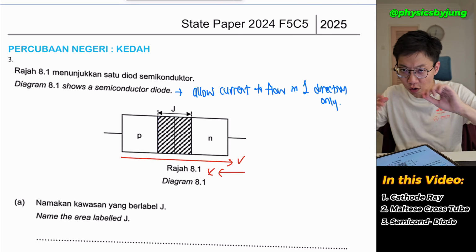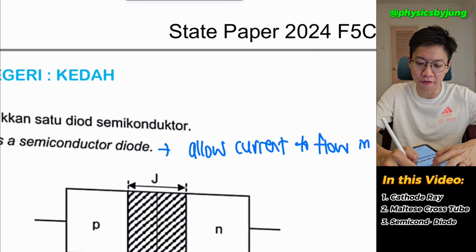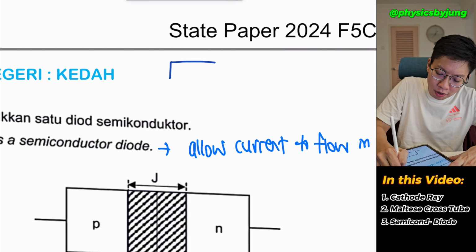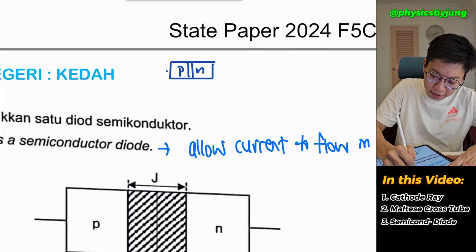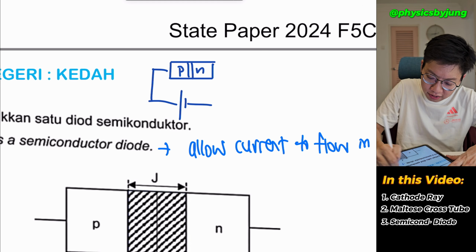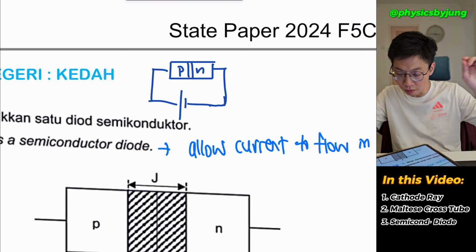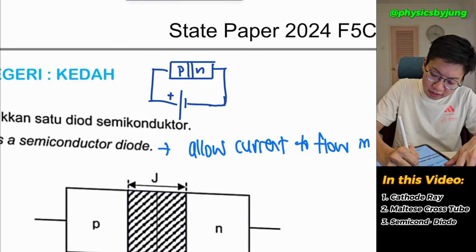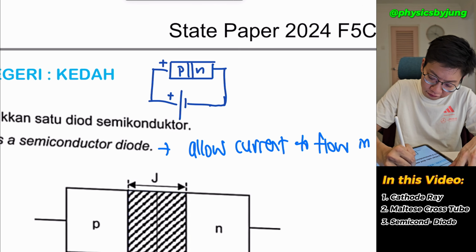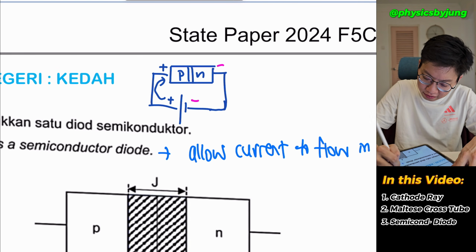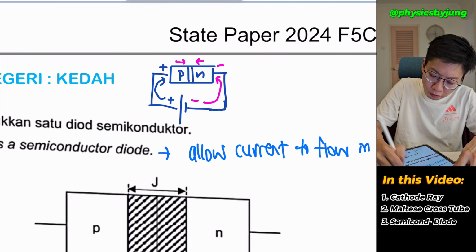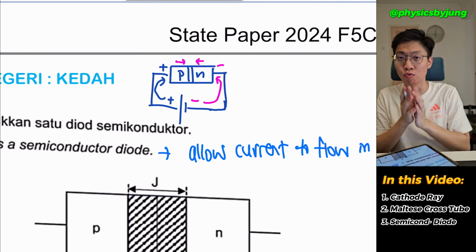Okay, why? Let's just quickly do a bit of a recap. When you have a PN type, if this is a battery with a wire, when your positive is connected to positive, this positive will push this positive, this negative will push this negative, causing your P and N to be squeezed together.